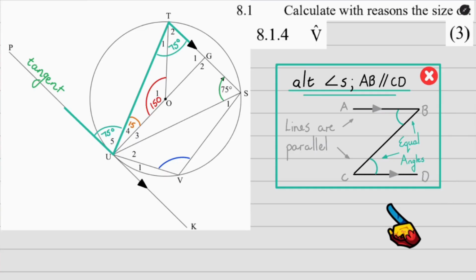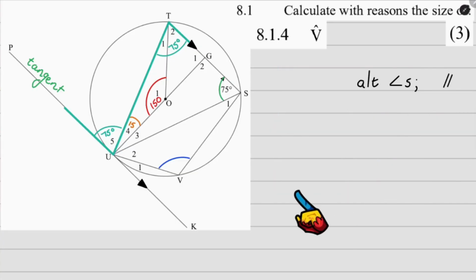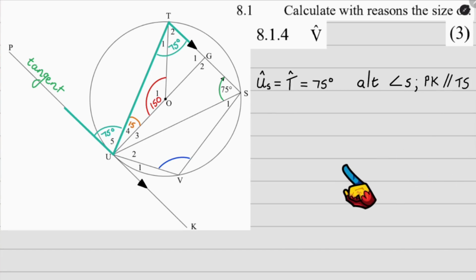Okay, now let's see how we write that down and communicate that. So our reason is going to be this, alt angles, but we've got to state which lines were parallel that made this possible. So for our particular case, line PK was parallel to line TS. And then we've also got to show the relationship between the two angles we saw that were equal.